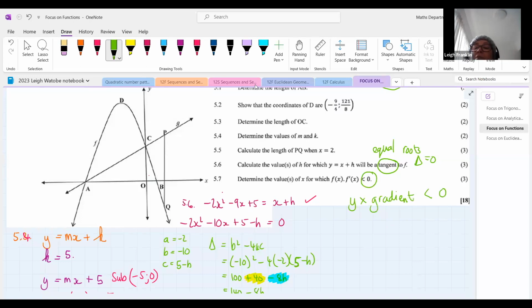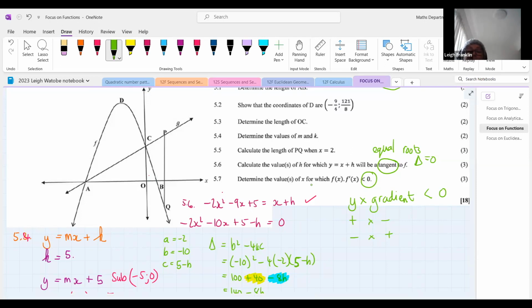So if they want us to come up with a negative answer, the only way that we can get a negative is either we multiply a positive with a negative or a negative with a positive. So now we have to consider where y is positive and where y is negative. Y is positive above the x-axis.